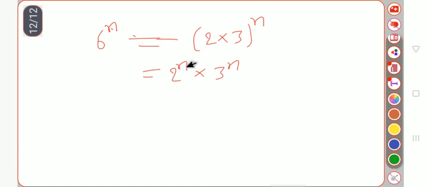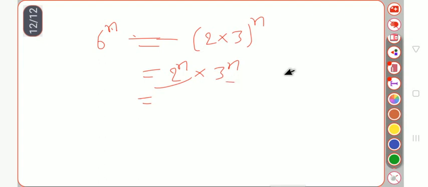Suppose we take n as 5, it will be 2 to the power 5 and 3 to the power 5. Suppose we take n as 6, it will be 2 to the power 6 and 3 to the power 6. By looking at it, 5 is not there. 2 is there, but 5 is not there in the prime factorization of 6 to the power n.